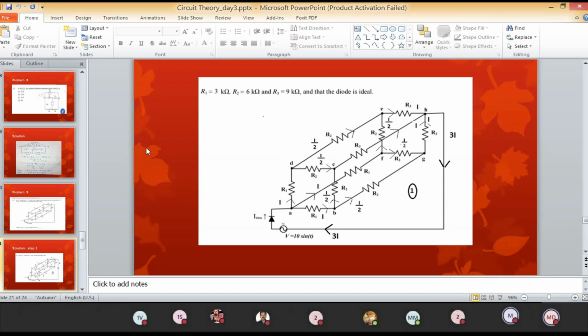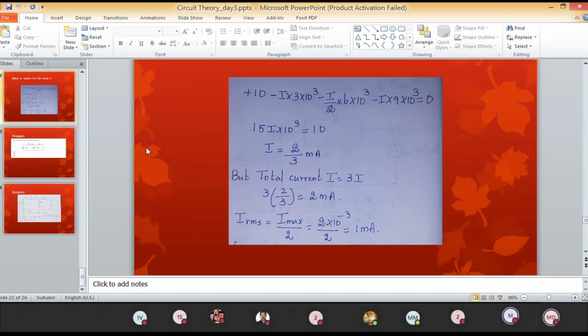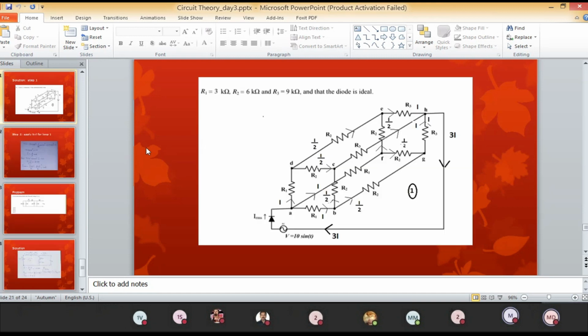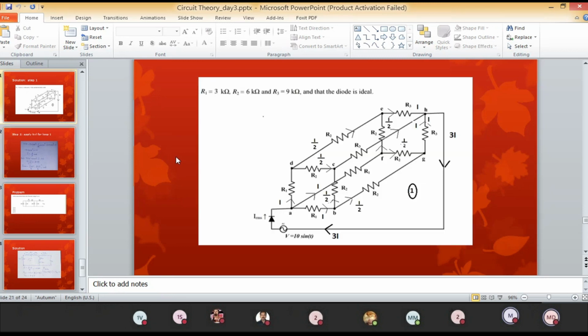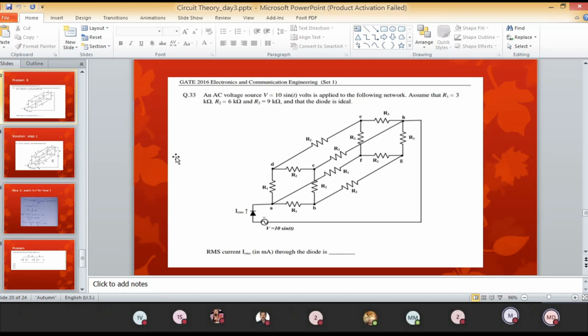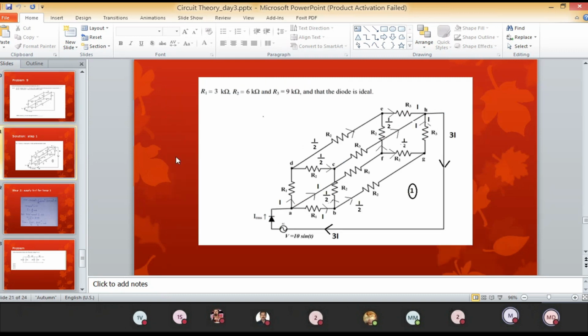Now let us apply KVL for loop 1. Sum of potential rise plus potential drop is equal to 0. So I'm going to apply that rule now. Plus 10. Why plus 10? The voltage is 10 volts. Even though it is AC, for applying Kirchhoff's voltage law we are putting sign notation.